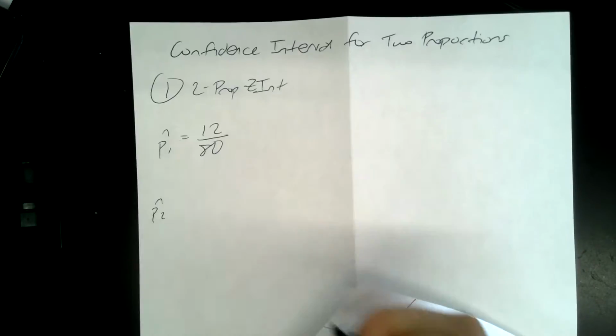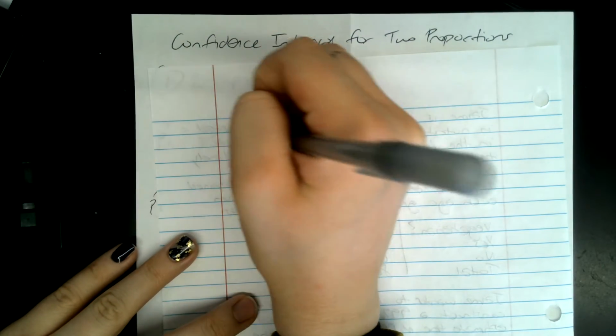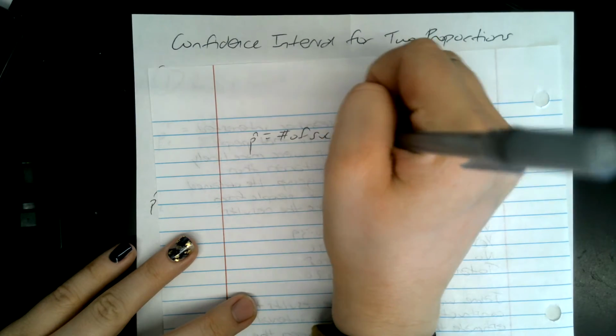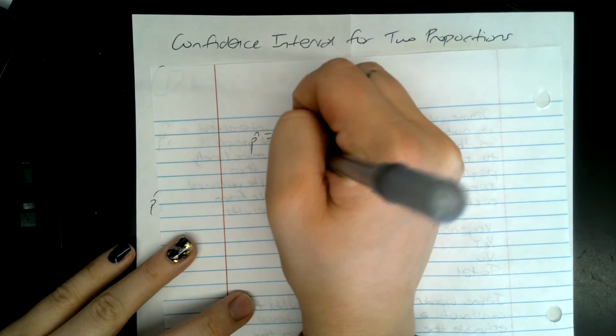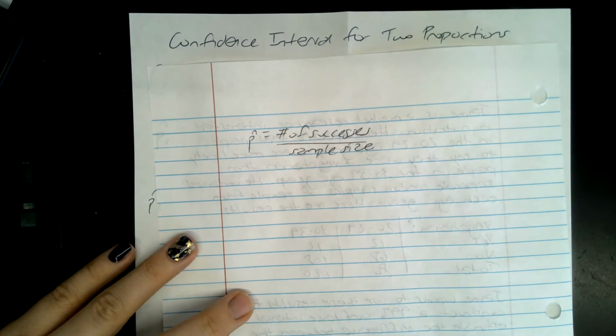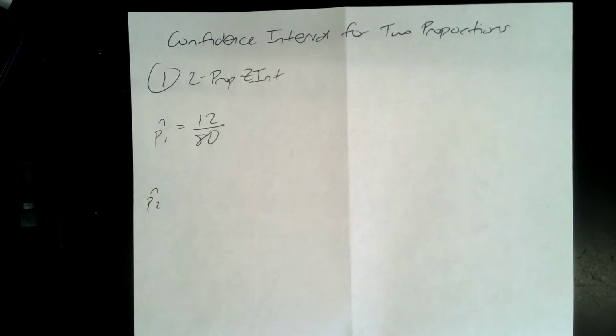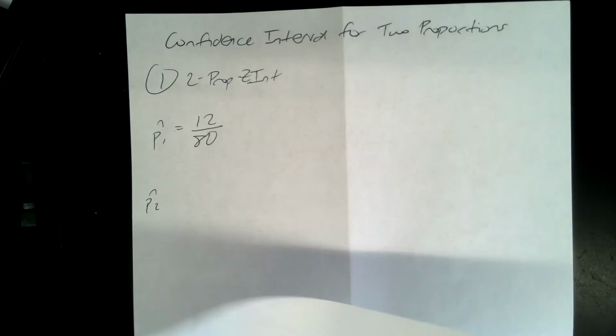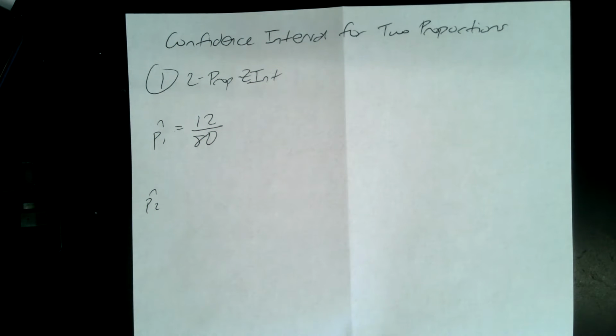So your p hat is always calculated by doing the number of successes over the sample size. And the 1 just tells us that we're talking about specifically sample 1 for this problem. Because there are two samples, we need to differentiate them like that. So 12 over 80 is going to give us our proportion of success for sample 1.